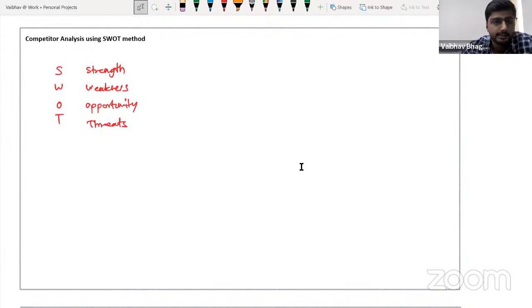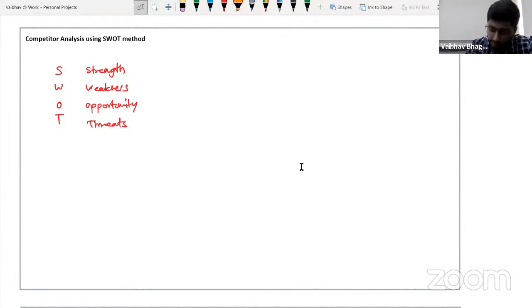So let's say there is a competitor, just like I gave you an example, that Nukark is working on a solution, an application which will directly notify the procurement team of the hospital to buy the consumables, and the reordering will happen again. So this application has already been made by some other competitor. So what I'll do is the SWOT analysis of that competitor, and again see if it is really worth making the same kind of solution, or is it something that the competitor is missing, wherein I can make a unique solution, and then the USP will help me to sell my product in a better way than the competitor.